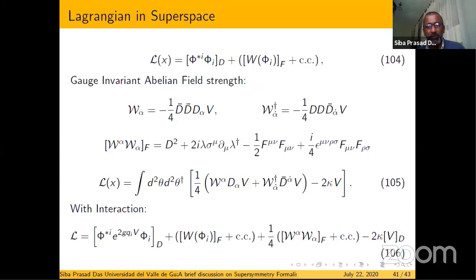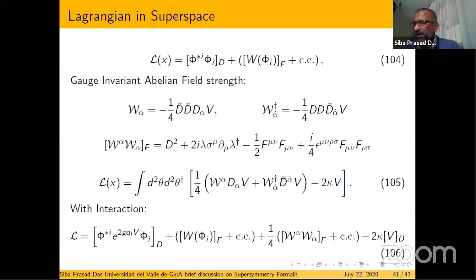So the first term, which I didn't mention, is like phi star I e^(2g q I V) phi I. This is the term where my chiral field and the vector superfield have an interaction, a connection. And if you make a Taylor expansion of the exponential, you get 1 plus x plus x squared plus x cubed plus x to the fourth.